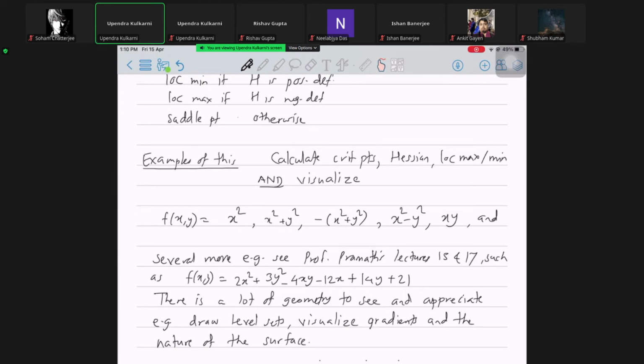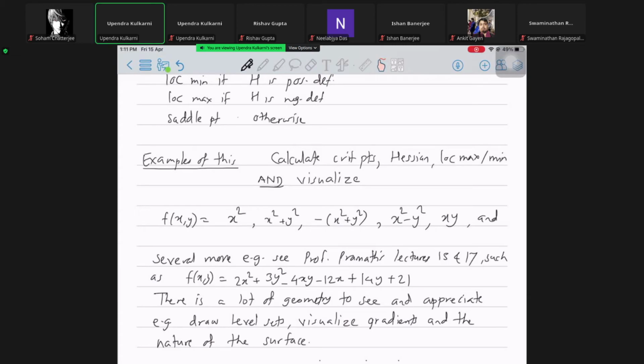Just 1 and minus 1 along the diagonal. Actually 2 and -2, correct? Not that it matters. Okay, so 2 and -2. So what kind of critical point do I have there? A saddle point.